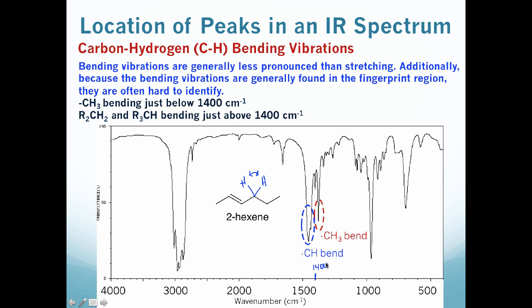The other type of bending that you can frequently see is when you have a methyl group. Here we have two methyl groups in this molecule, and we can see methyl bending, and those occur just below 1400 wave numbers. So that's what we see right here, the methyl bend. And those can be pretty helpful in determining some of the structural features of your molecule.